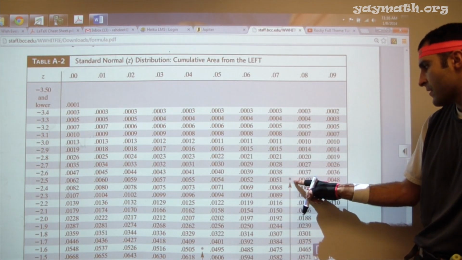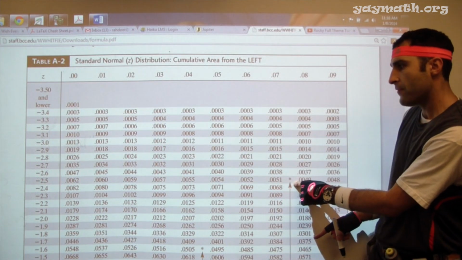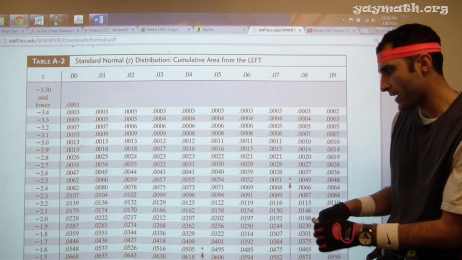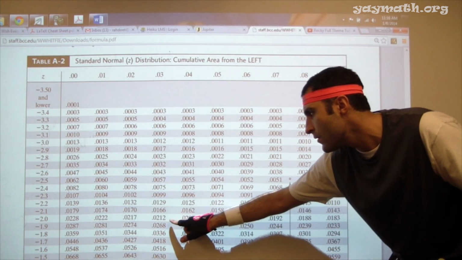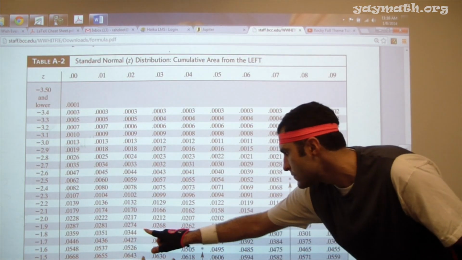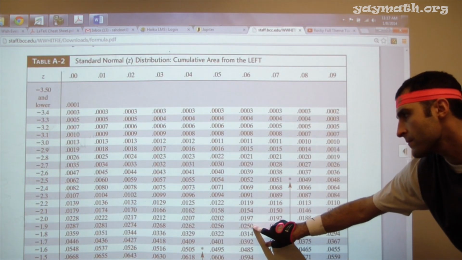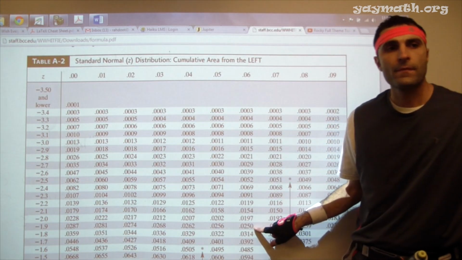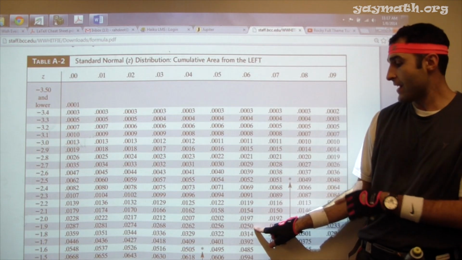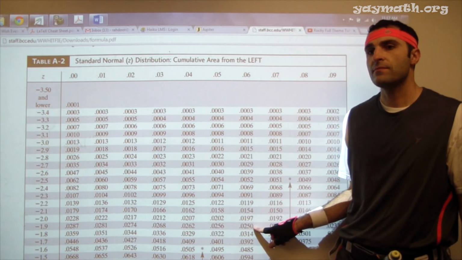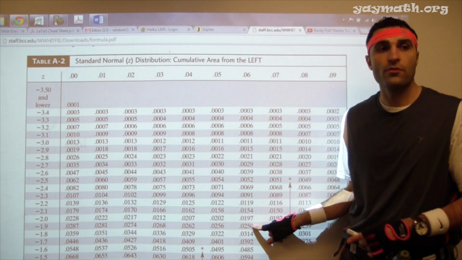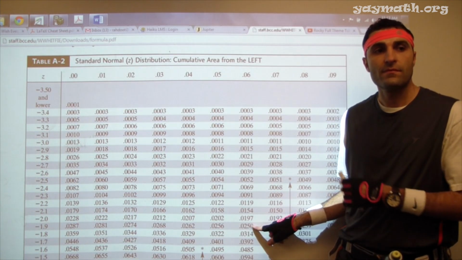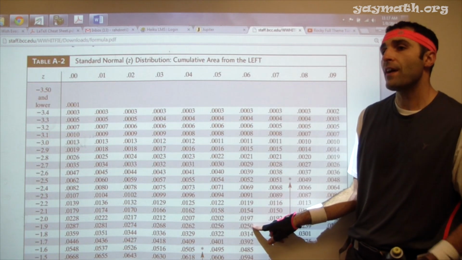That's 0.005. Let's try again. 0.02. There it is. See it? So this is an area of what, to which direction? It's an area of 0.025 to the left. Yes, an area of 0.025 to the left.